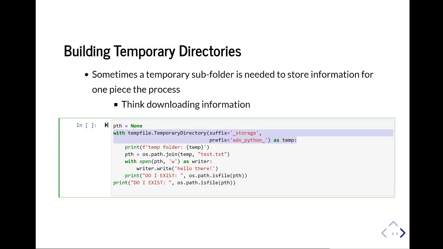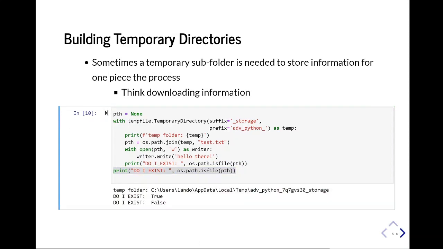Then I'll create a file in there called test.txt, write some stuff, and have it persist. I'll show that it exists within the context manager, but as soon as I exit it, we're going to see that it's been cleaned up. So let's go ahead and run that code.